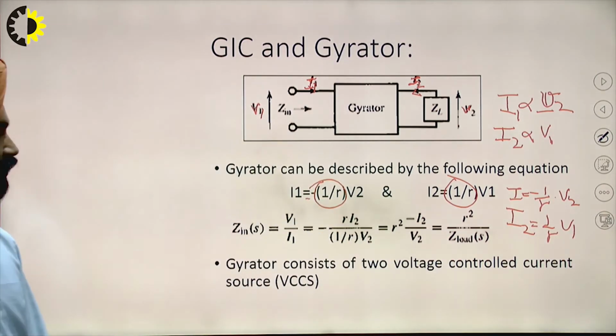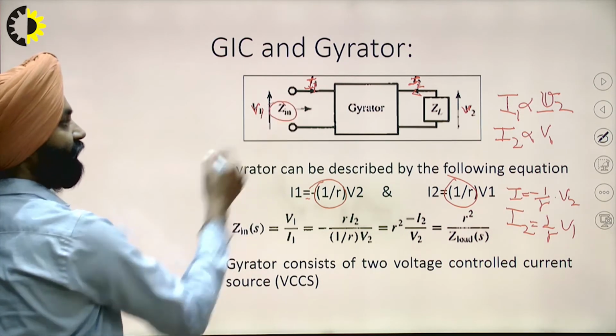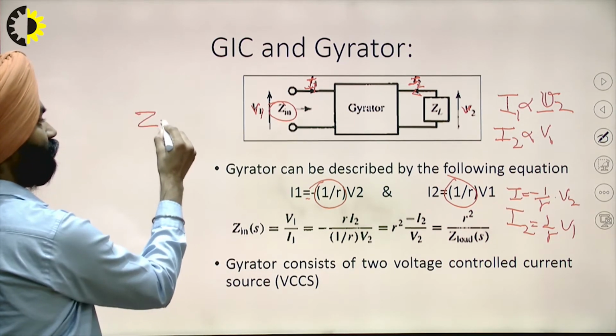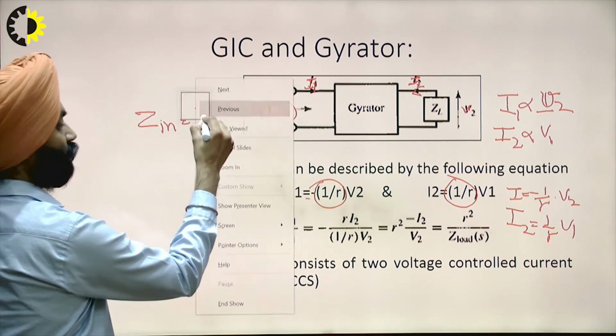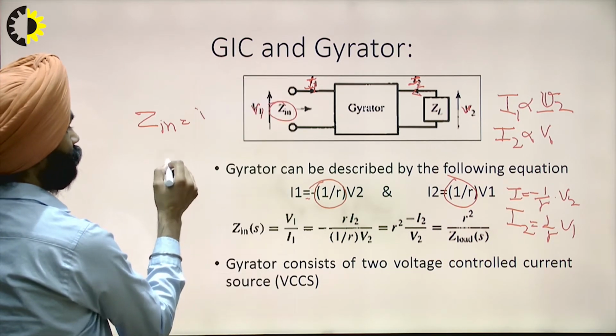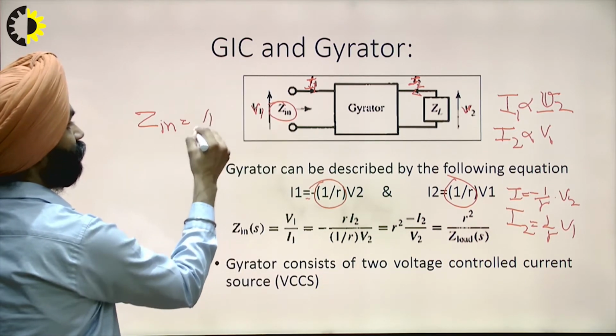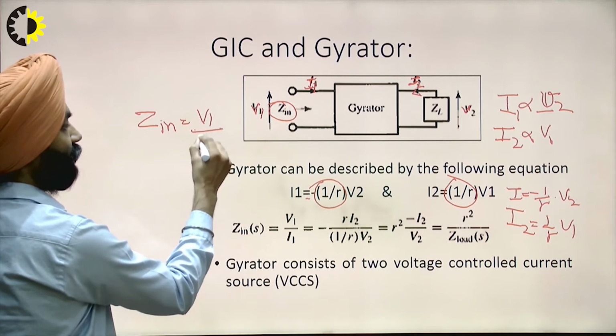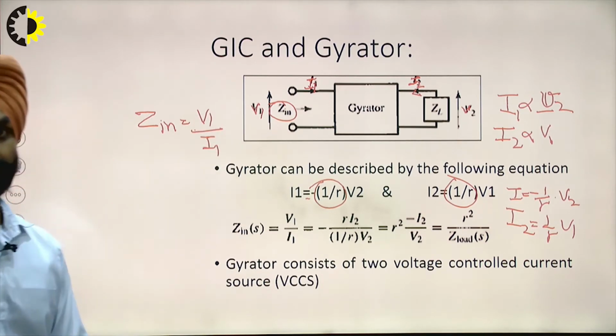From these two equations, we get the input impedance Zin, which is equal to V1, the input voltage, divided by I1, the input current.